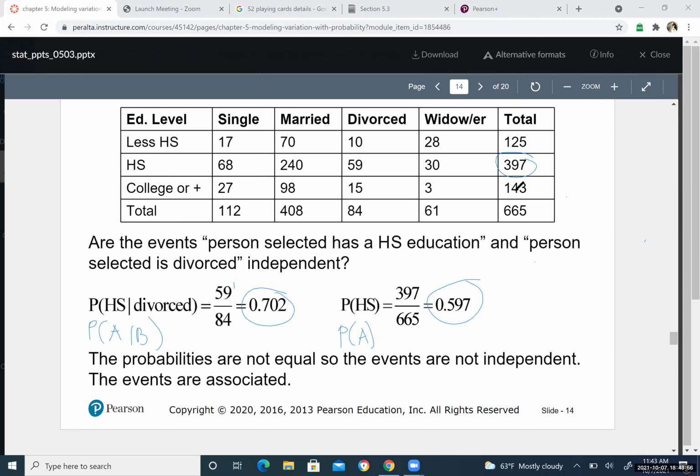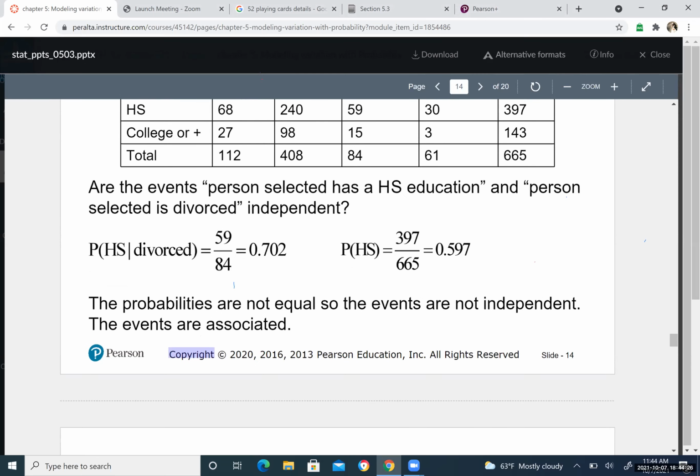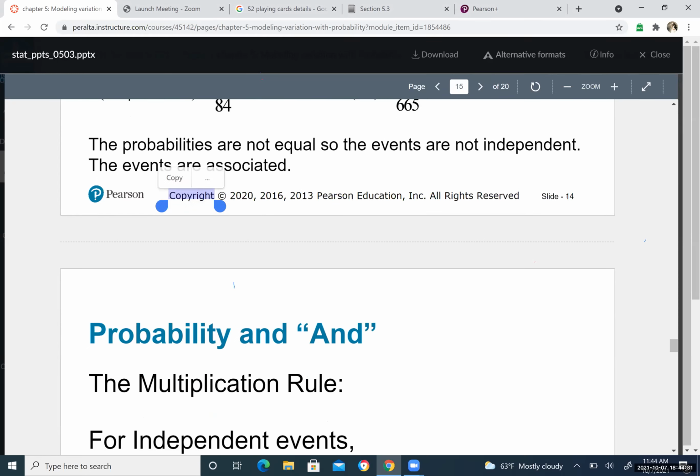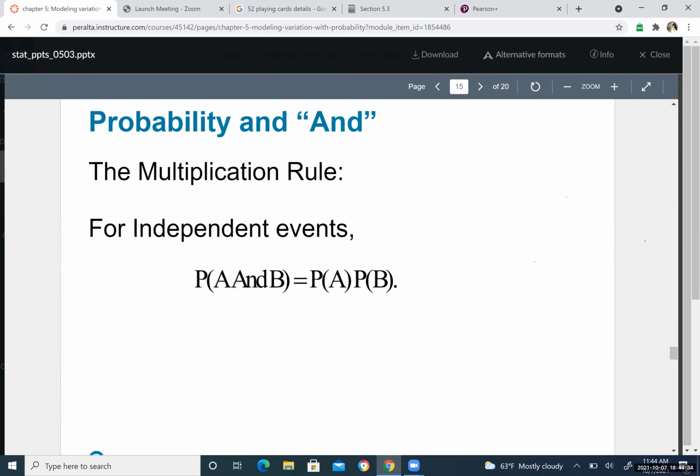And we have 0.597 for that one. Does that make sense? We're testing it to see it. Based on the formula that is given to us, you can tell they are not independent because they're not the same value.